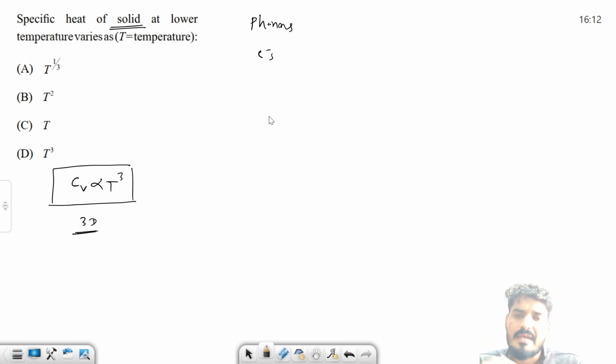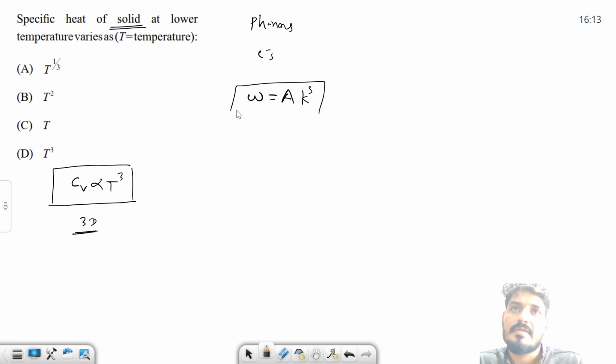So very simple. For any kind of system, if you know this relation, let's suppose omega is some constant a k to the power s. Let's suppose this is the relation between omega and k, right? So for this one, what is the energy?